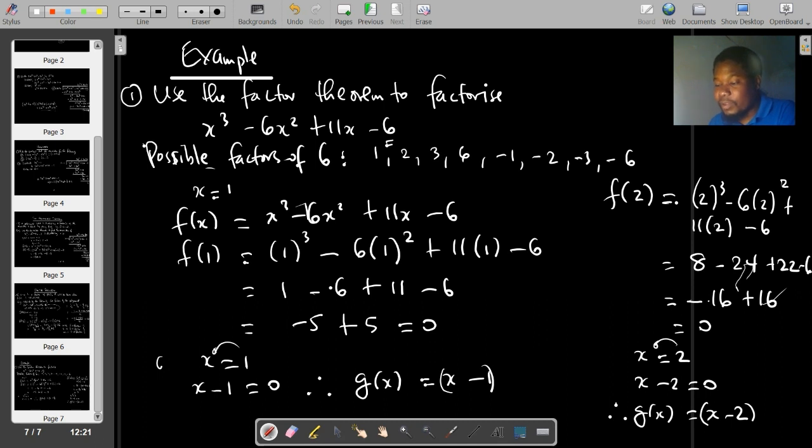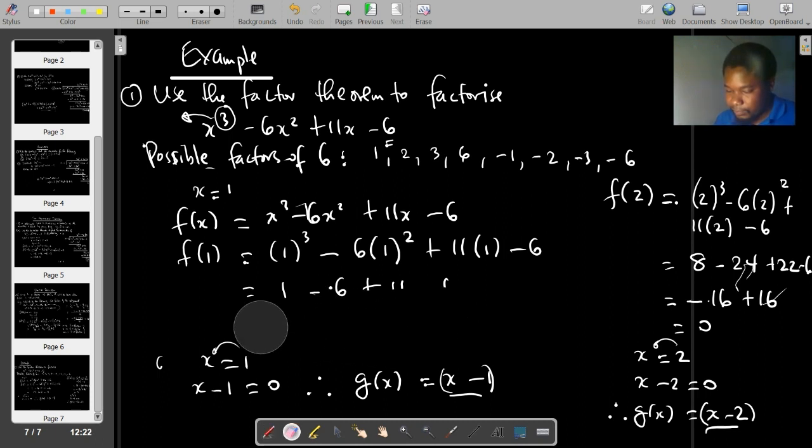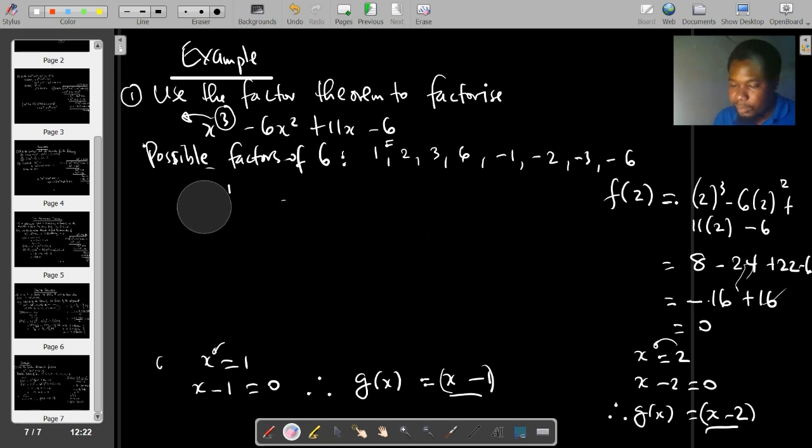This is a cubic function, meaning it's x to the power 3, so the only values of x that would work are 3 values. 3 factors is what we'll choose. Here we're on factor number 2, so we're remaining with 1 because this is a cubic function. So let's find the final factor.